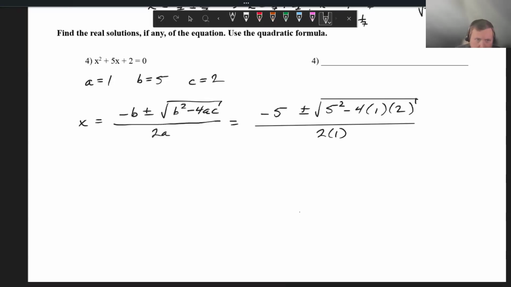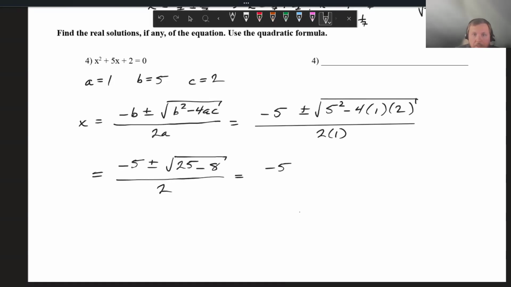Okay, and now it's just arithmetic. So I have negative 5 plus or minus the square root of 25 minus 8, all over 2. So negative 5 plus or minus the square root of 17 over 2.